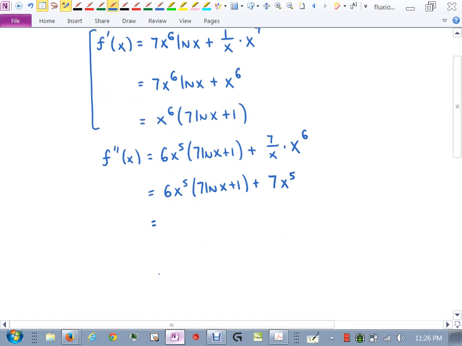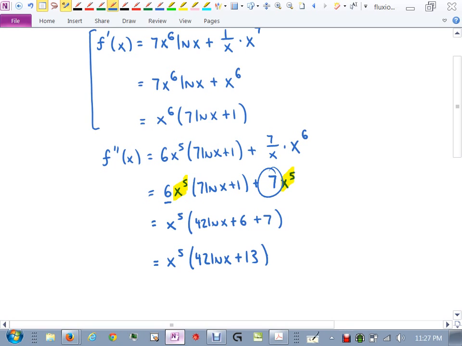And each of those has an x to the 5th in it, so I'll factor that out. x to the 5th, and then what I'm left with is the 6 in front of these, so I'm going to multiply it through. What is that, 42 natural log x plus 6, and then what I was left with over here, plus 7. So we get x to the 5th times 42 natural log x plus 13.